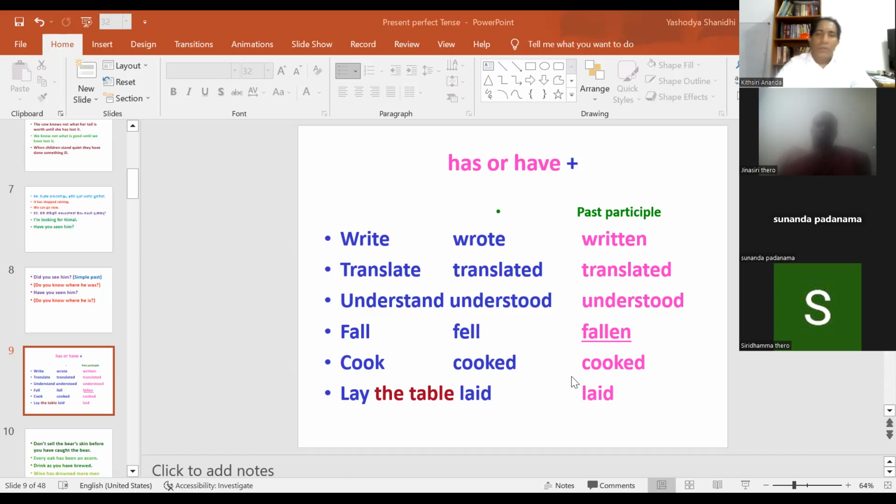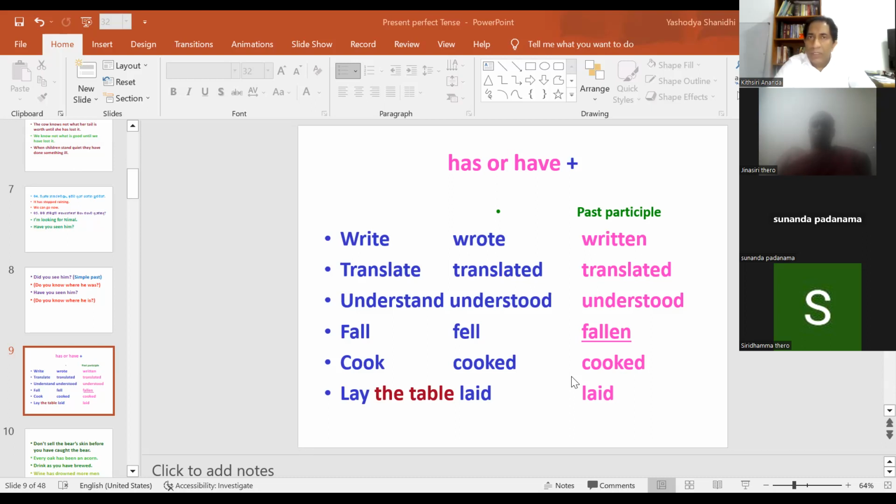Lay the table. Lay the table means to put food on the table. She has laid the table. Well, you cannot say she has sent food. She has sent the food to the table. That is not correct.